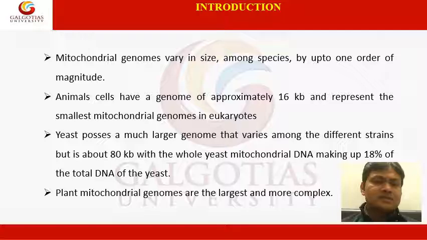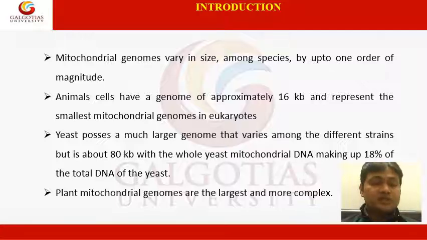Animal cells have genomes of approximately 16 kilobase pairs, which represent the smallest mitochondrial genomes in eukaryotes. Yeast possesses a much larger genome.